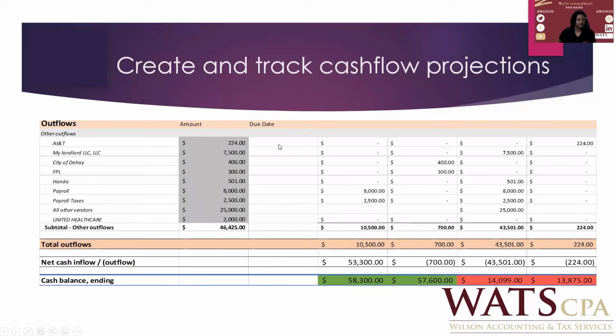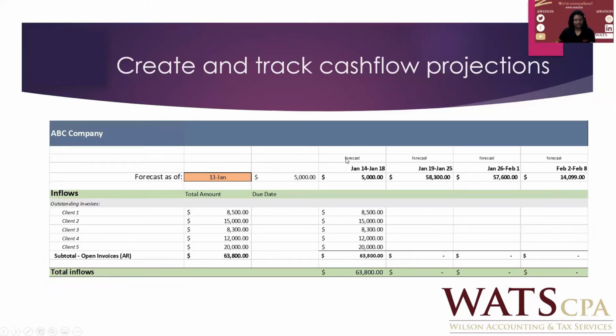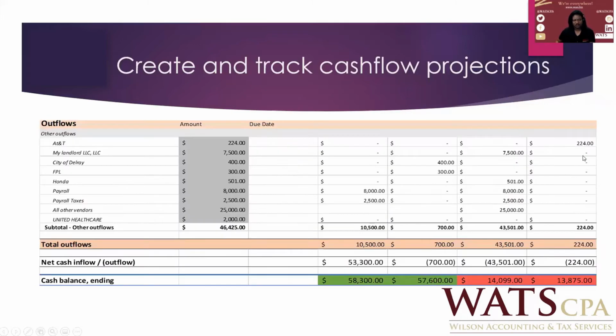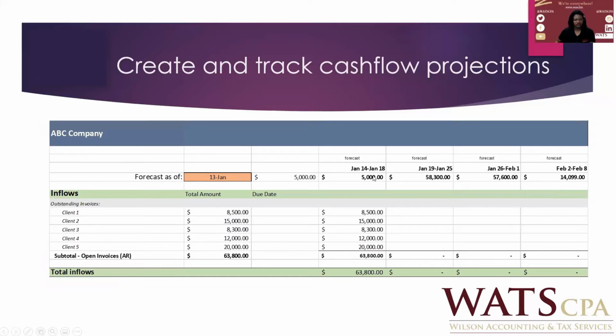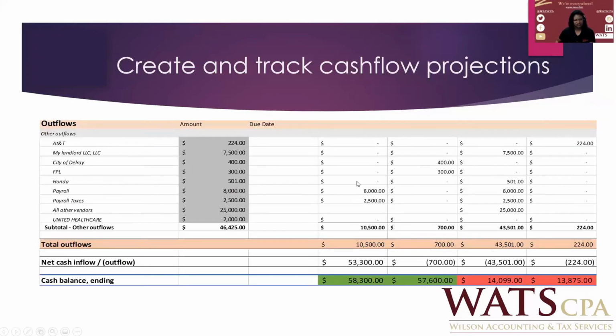And so these are the outflows associated with the projections, a very shortened list here for illustration purposes. So you will look at all of your outflows and look at what time of the month they would come out. If we go back to that previous example, you see these are the weeks that we're projecting the cash inflows, and then these are the weeks that we're projecting the cash outflows.